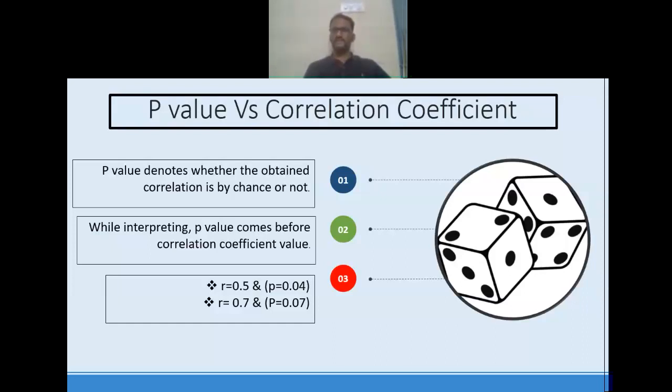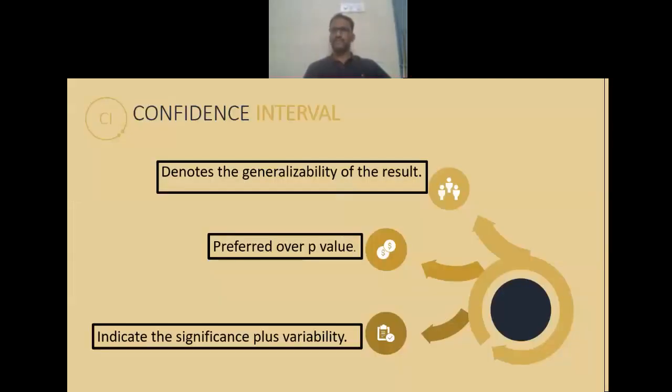Okay, sure, sir. As we had come across confidence interval, it is a term that is much more preferred than p-value. What is the concept of confidence interval? It denotes the generalizability of the result.